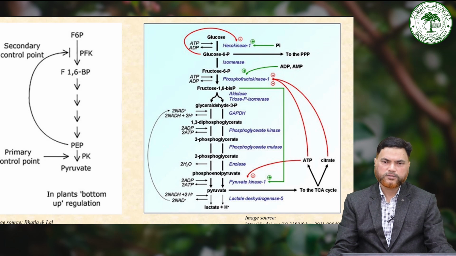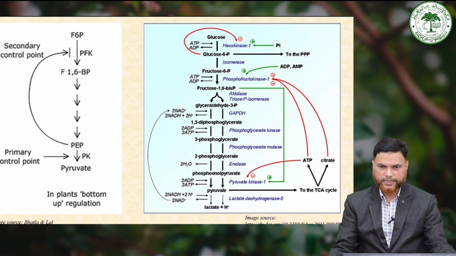In plants, pyruvate kinase is influenced by allosteric inhibition from pyruvate and ATP. This regulation extends to the control of phosphoenolpyruvate accumulation, which becomes a crucial control point in plant glycolysis.